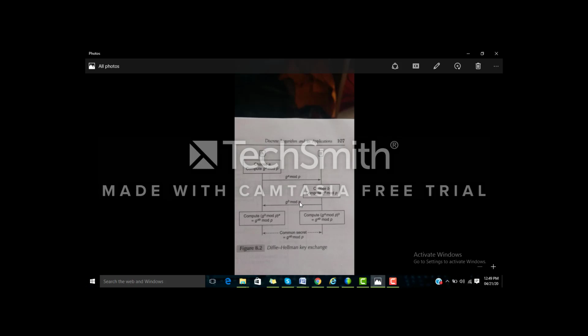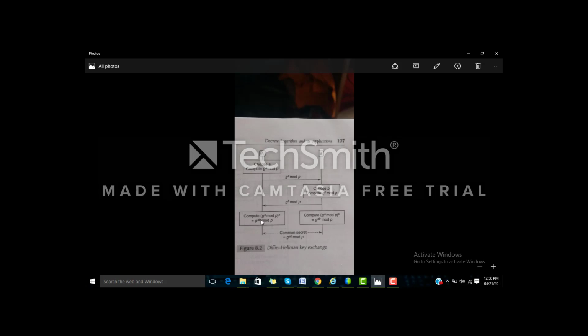So once A receives B's message, which is nothing but its partial key, A computes the shared secret. How does A compute the shared secret?